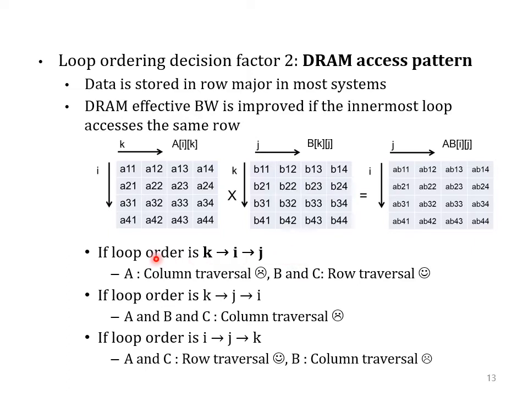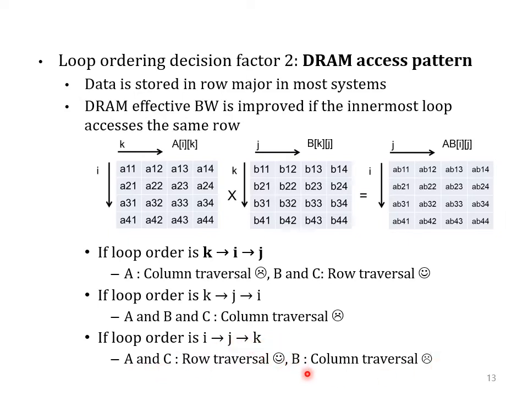So for each loop ordering, you can do a similar analysis for each different matrix and figure out whether the DRAM access pattern is good for high bandwidth. There are some loop orderings like KJI, which turns out that the DRAM access pattern is bad for all the matrices. And for IJK, A and C are going to be good.